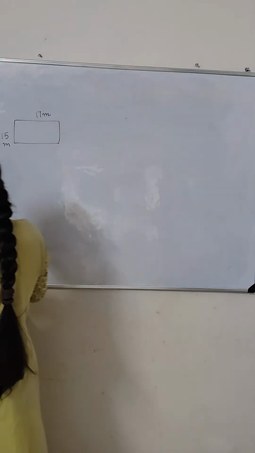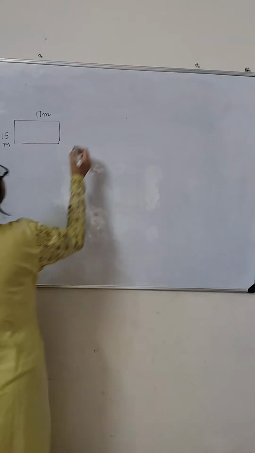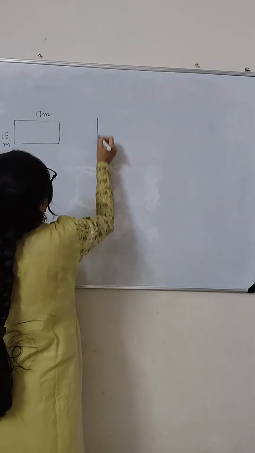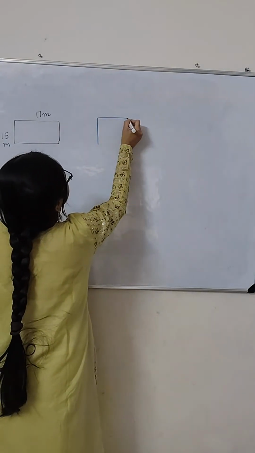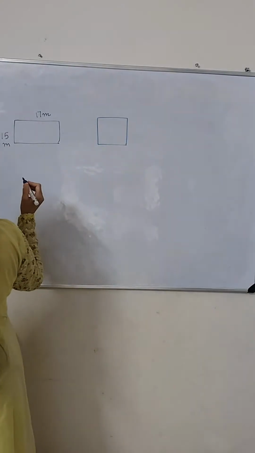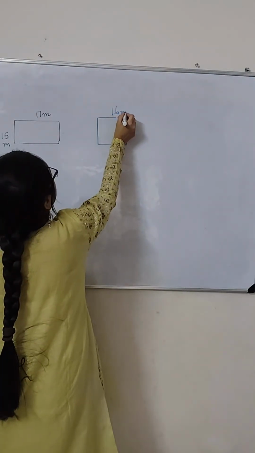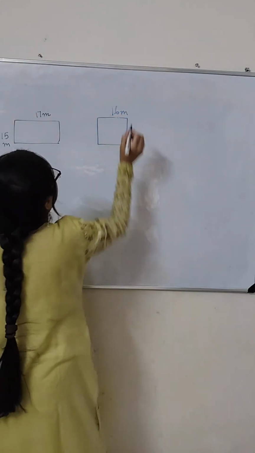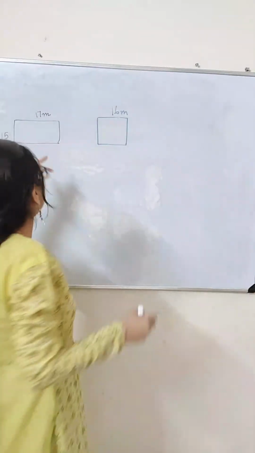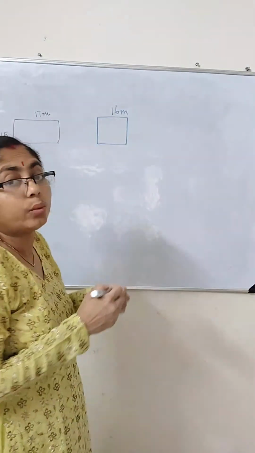And one shape is a rectangle and one is a square. The square is 16 meter. Okay, I write the one side of the square and I write the length and breadth of the rectangle. And what is the question?